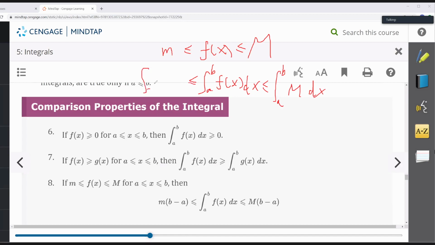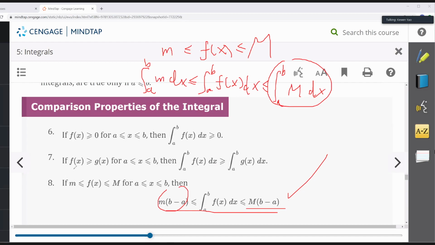Now we learned how to find this: M is a scalar, so this is M times (b minus a). So by using property number 7, we can show property number 8, which is this. Very easy to show.